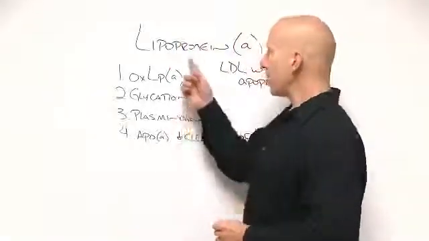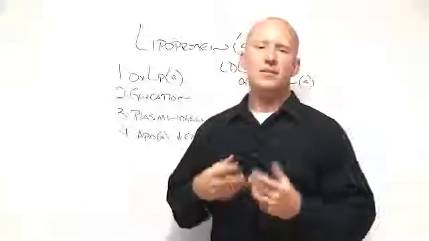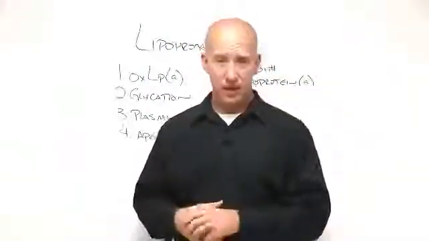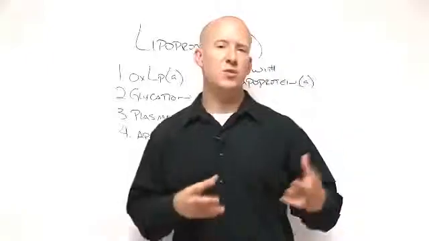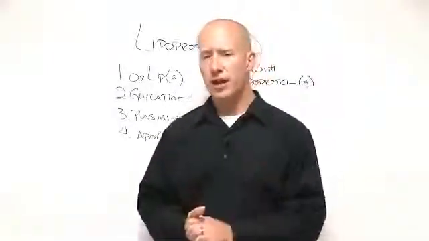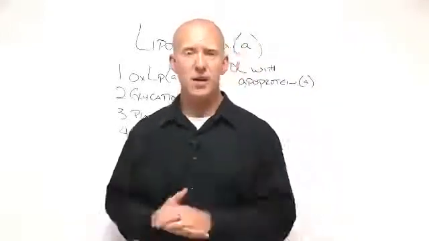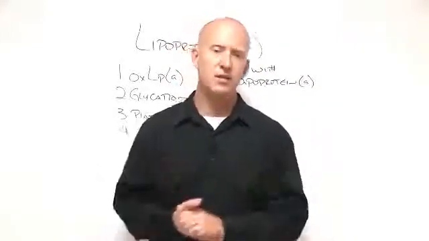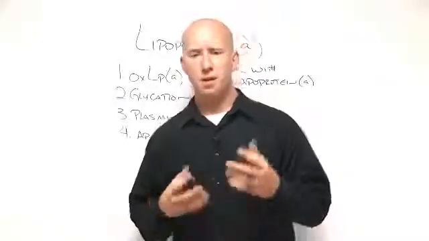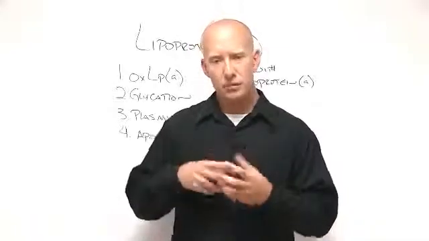But in addition to that, the protein that's associated with lipoprotein(a) seems to be glycated or glycosylated more readily than the proteins with some of these other lipoproteins. Glycosylation or glycation is essentially the combining of a protein and a sugar. To be honest, it's very much like when you caramelize onions in the kitchen, you're combining a sugar and a protein, and that protein becomes glycated.